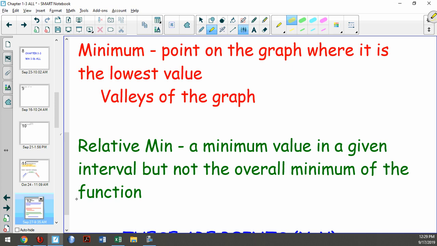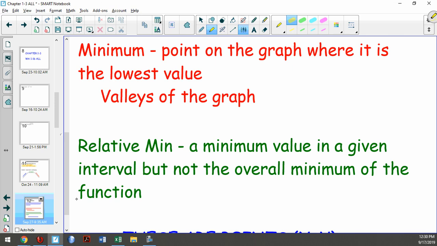Would you agree? It's not going to be exactly the same. The lowest depth in the United States is not going to be the same as the lowest depth in the entire world on Earth, yes? Okay, so those would be an example of minimum, relative minimums, or relative maximums.